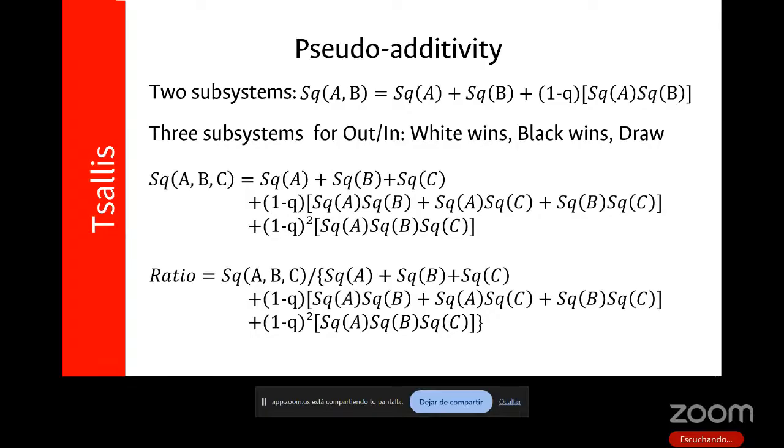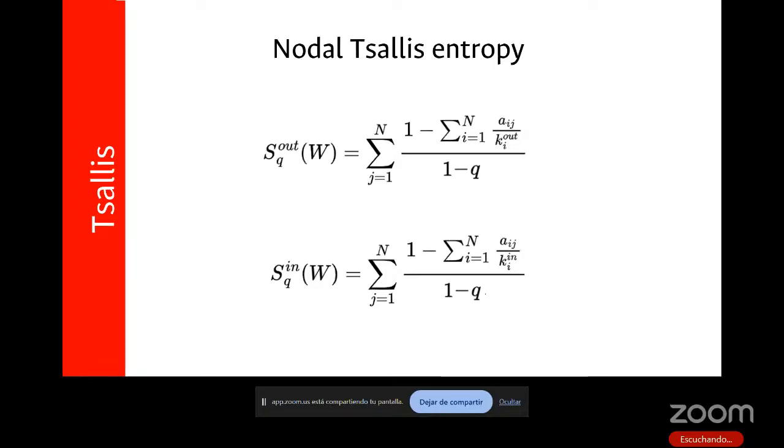In the case of three subsystems, which is ours, whites, black, and draw, then we have to write it in this way. We are going to be worried about the ratio between this quantity and this quantity. If it is 1, it means that Tsallis pseudo-additivity holds. If not, let's see what happens if it doesn't hold.